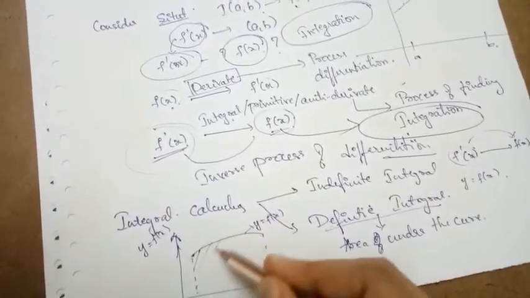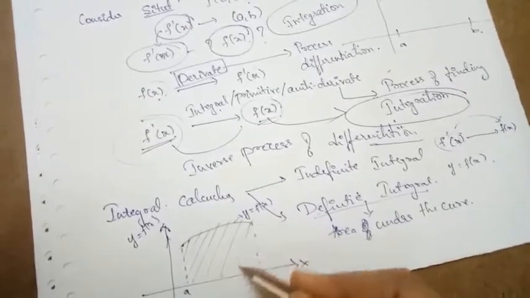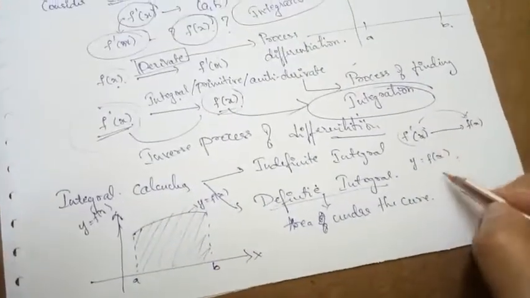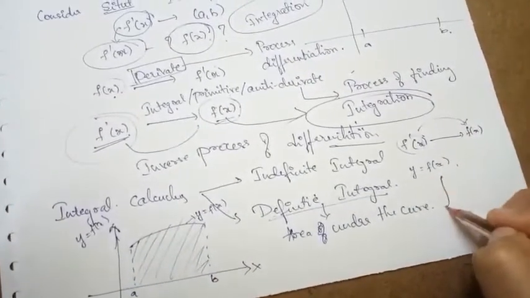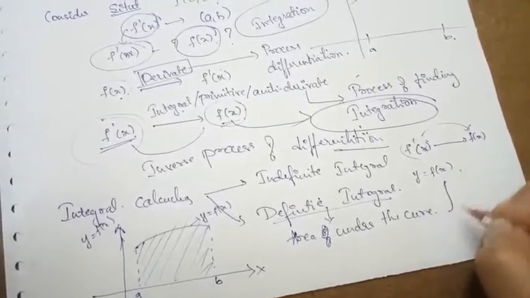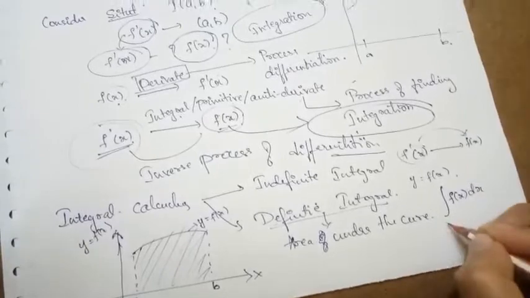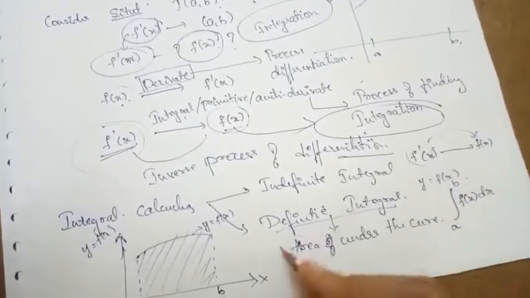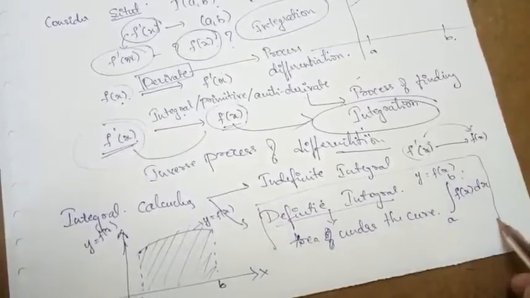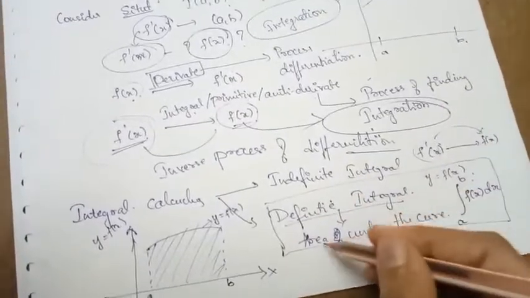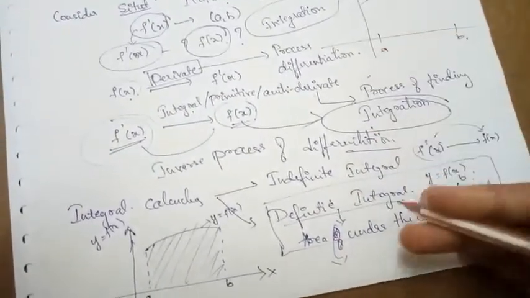So the area under that curve is represented like this: the integral of f of x with respect to x, dx, from a to b. Regarding the definite integral, we will learn in detail in the later sections of this chapter.